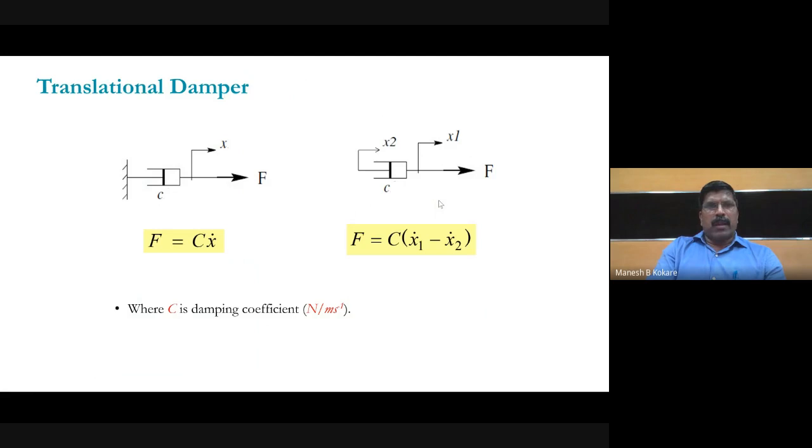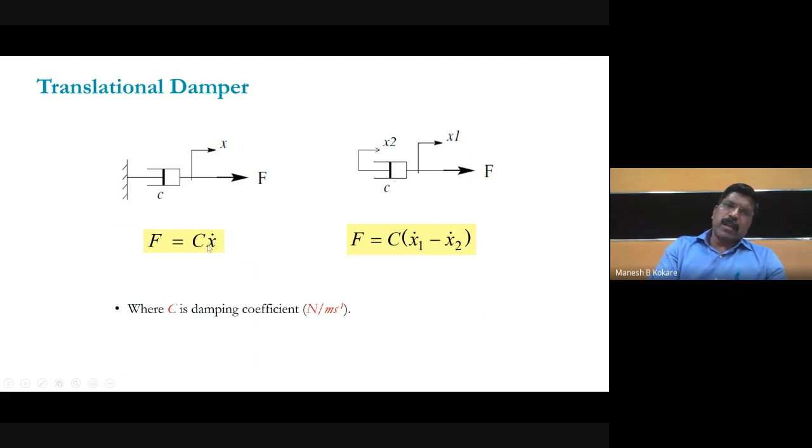And the symbol of this is like this. One end is the shaft, and the cylinder is filled with either gas or air, or also with liquid. When you apply a force on this, there will be displacement, and this is directly proportional to the derivative.